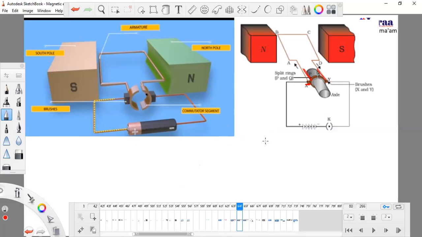The armature should be in contact with these two rings, and these two rings are in contact with these brushes. Here they are attached, particularly attached or jointed, but here there is just a connection.